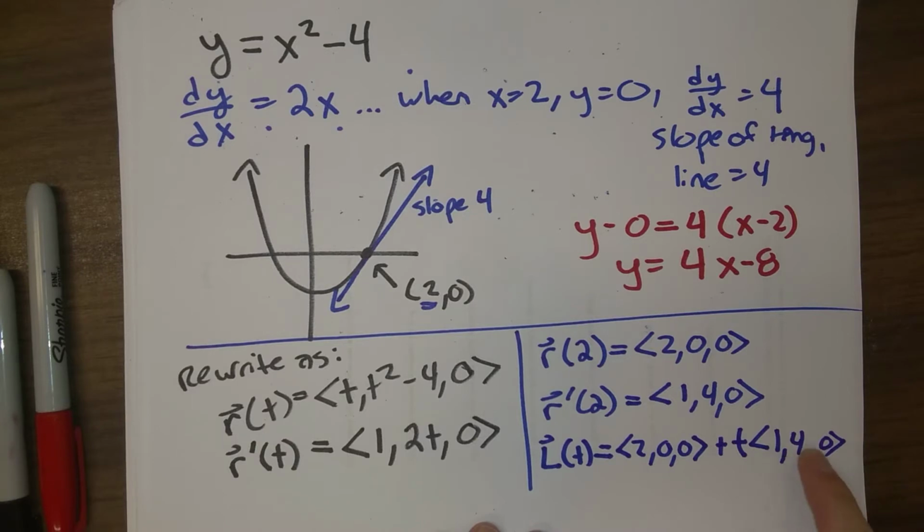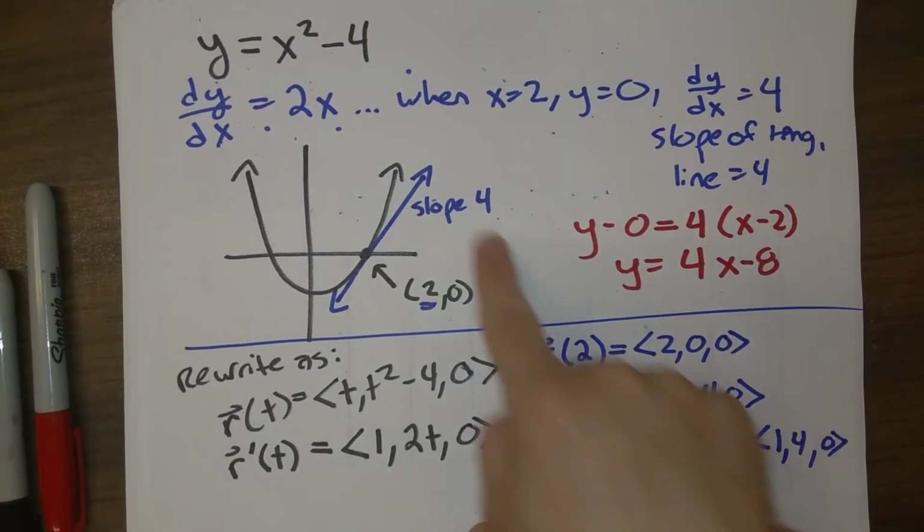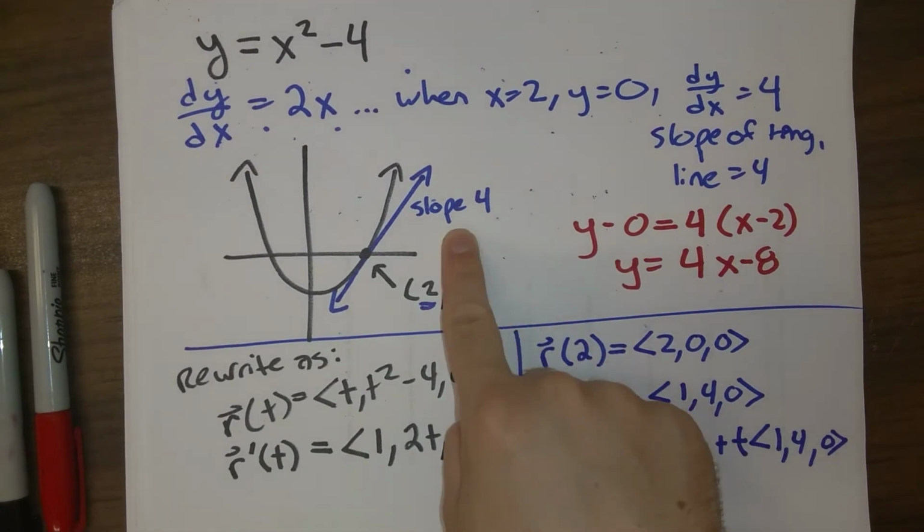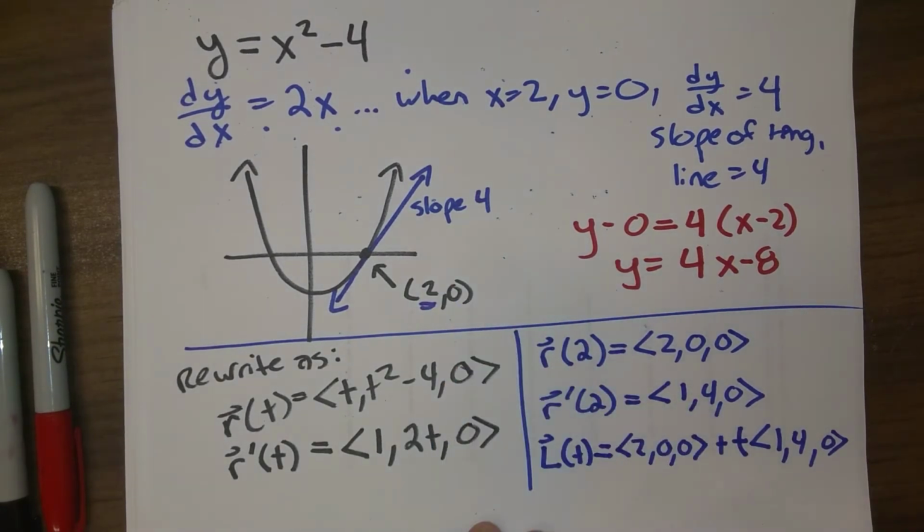This 1, 4, 0 is exactly saying that we're heading in the 1, 4 direction, which means for every 1 unit we head to the right, we're heading 4 units up in the positive y direction. So this direction vector 1, 4, 0 is just a different way, sticking in the xy plane, of writing that the slope of the line here is 4.